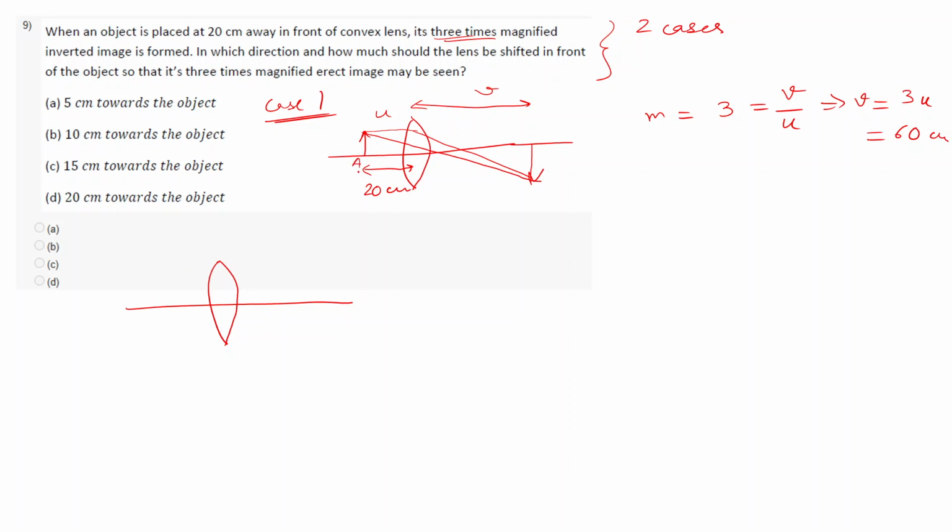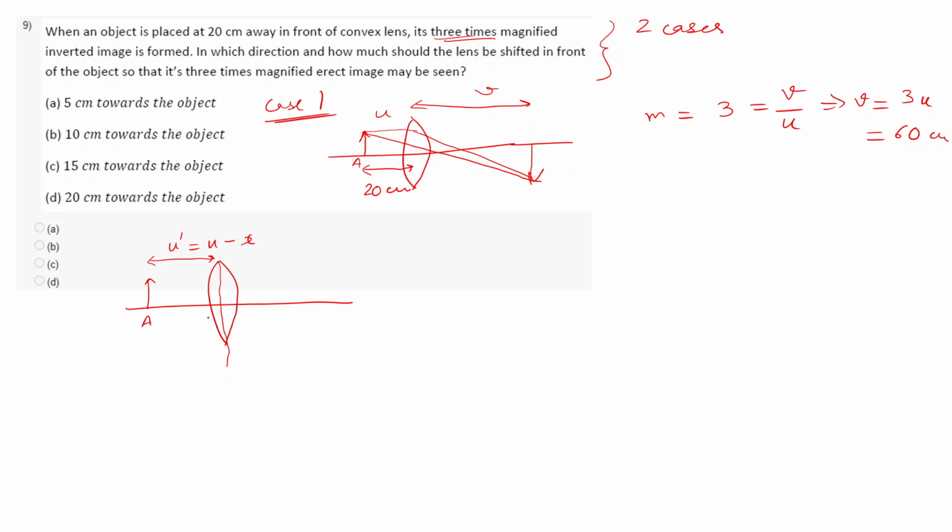The object is fixed at point A. The lens shifts towards the object, so that earlier the distance was u, now the distance will be some u prime, which is u minus, let's say, some x. So how much distance x should we move so that the magnified erect image can be seen?